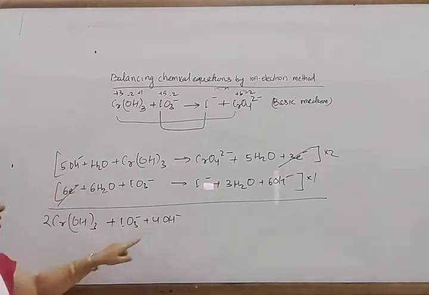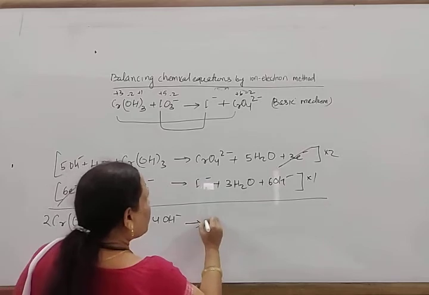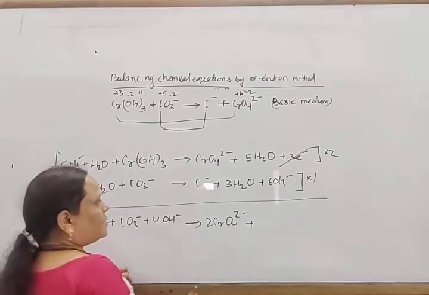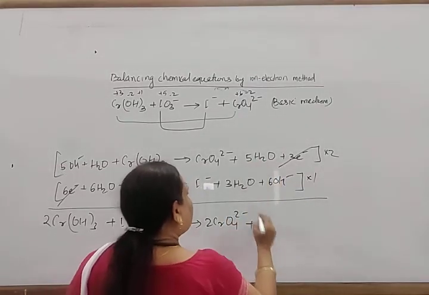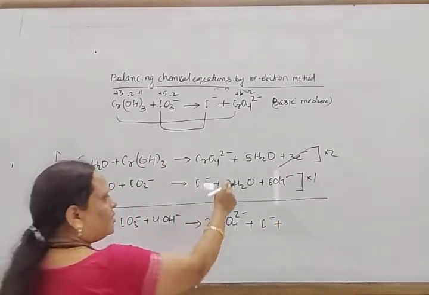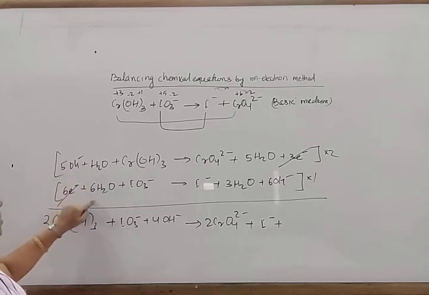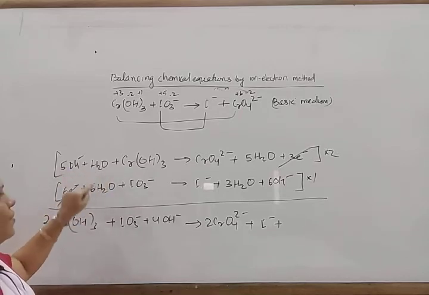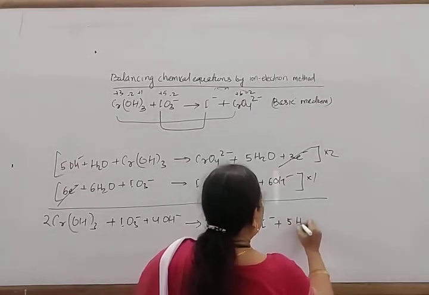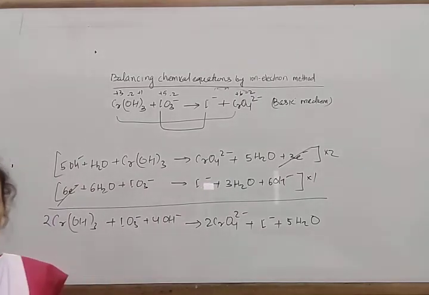In this way, there are 4 OH minus ions and they give rise to 2CrO4 2 minus plus I minus plus, so here 2 into 5, 10, plus 3, that is 13 water molecules, and here 2 plus 6, 8 water molecules on this side. Okay, in this way this equation is balanced.